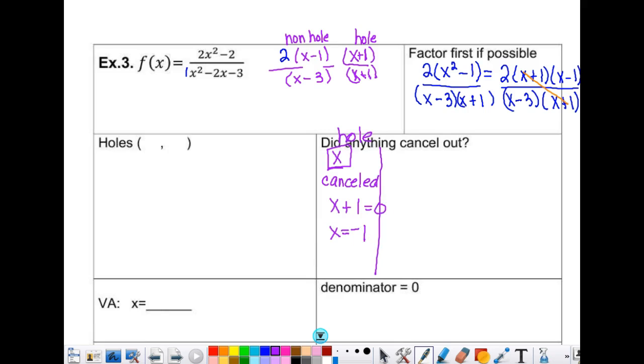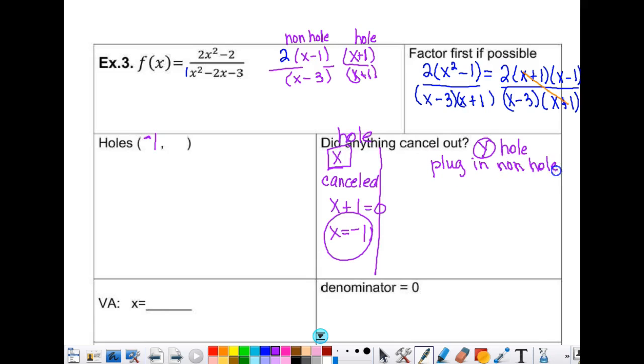We just practiced that a minute ago, right? So the x of the hole is negative 1. It's a point on the graph, so it has to have an x and a y. To find the y of the hole, you take this x and you plug it into the non-hole.